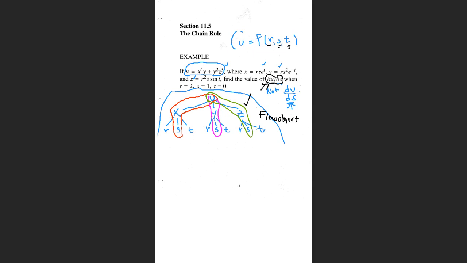Good, good. So now what we have to do is write the chain rule. If there are 3 paths of variation, there are 3 links in the chain.